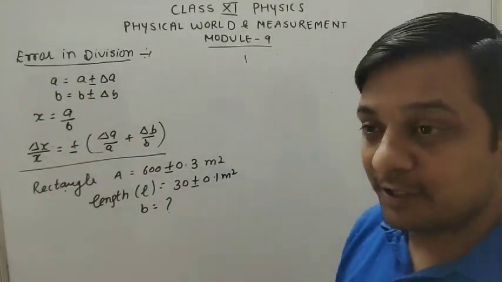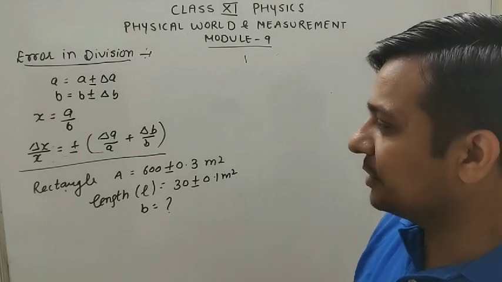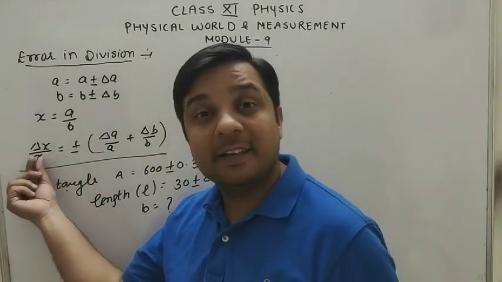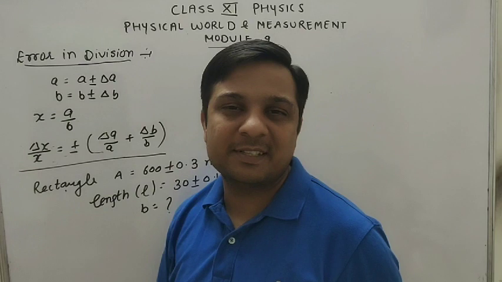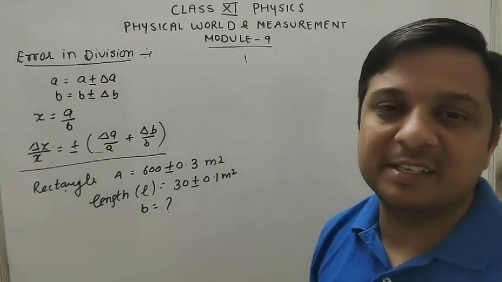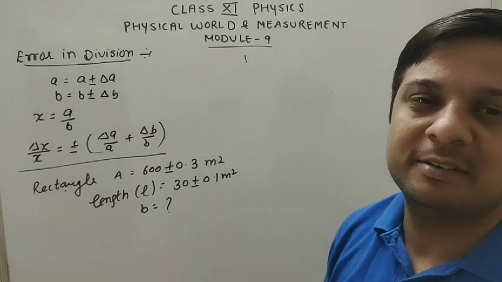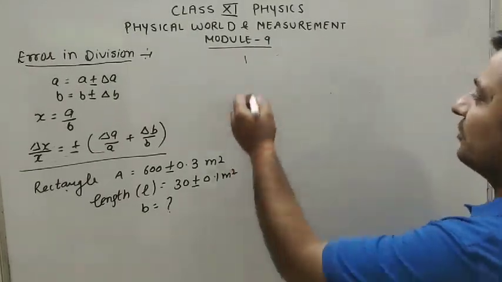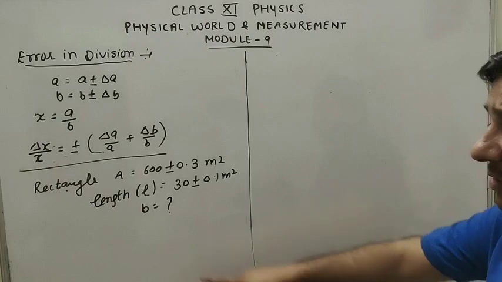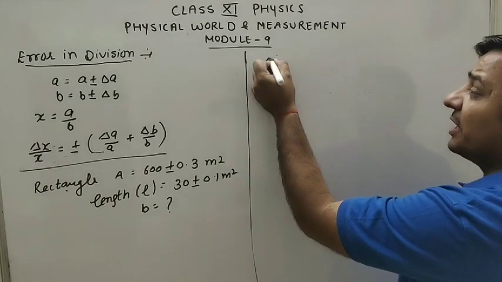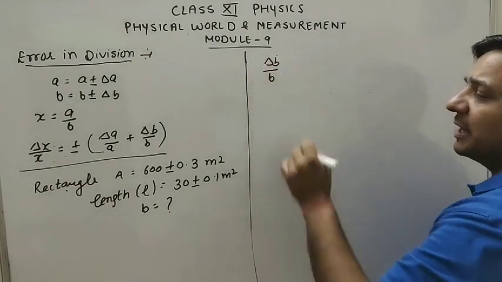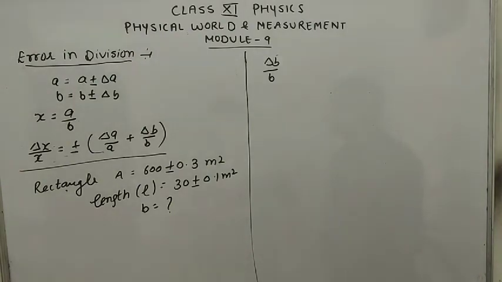Some students are definitely confused whether they should write area here, but dear students, it doesn't matter whether it is area, length or breadth. It is only for division. So by dividing, the result will be B. So here you will write delta B by B. Very important one.